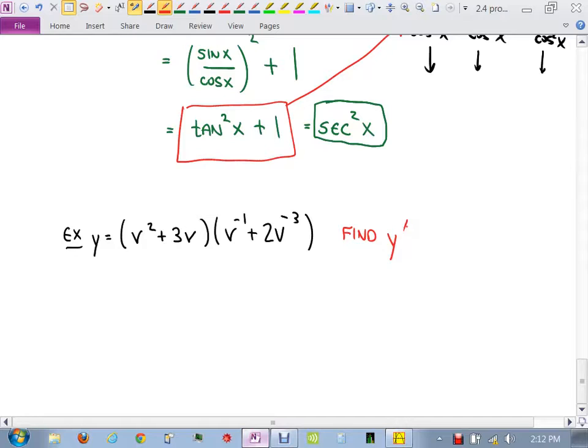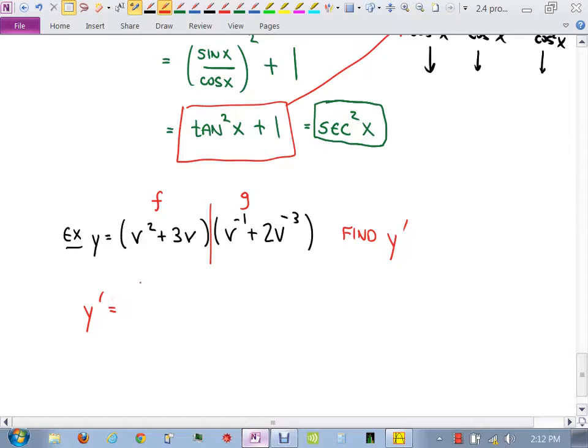So do we have product rule here? Yes. Here's your product, there's your f, there's your g. So y prime should be the derivative of f. Is that easy? Something you can do? How about the derivative of g? Is that going to be something you can do? Yeah, it should be.